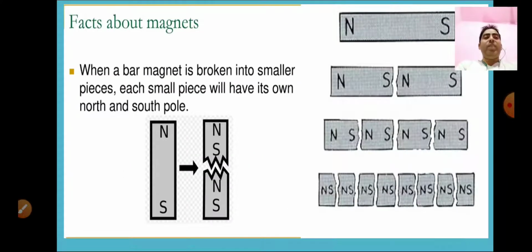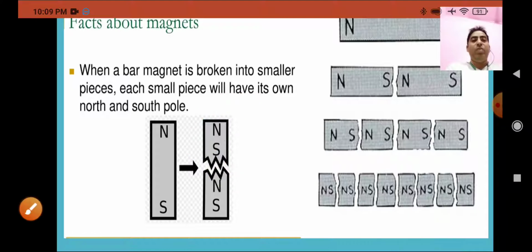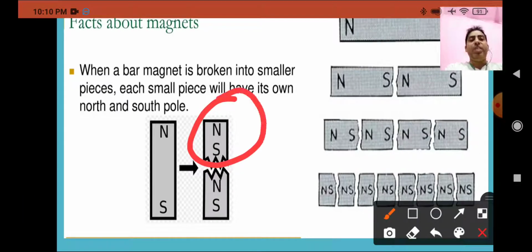Here is a very interesting fact about the magnet: if a magnet is broken into two pieces, the two pieces so obtained will each have two poles, north and south. Each broken piece has a north and a south pole.